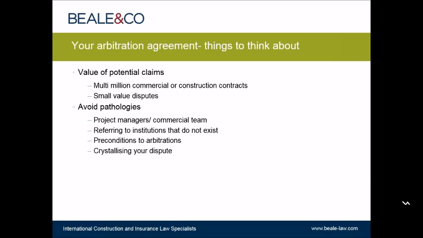Your clause must also show a clear path to crystallizing your dispute. For example, we recently came across a design contract that states disputes are to be referred to a dispute committee before arbitration.